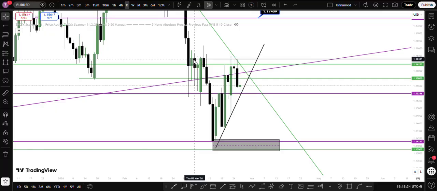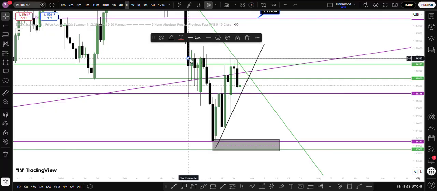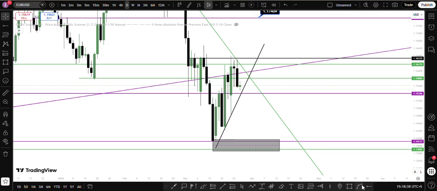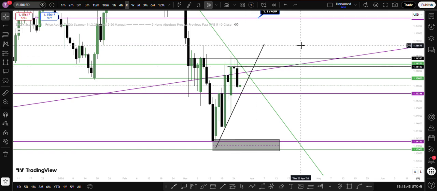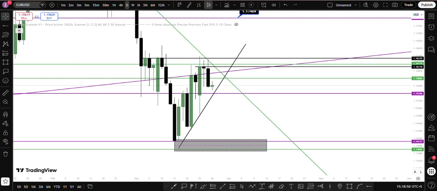We have right there where the price has been unable to pass through, and now immediately there is this here which the price has been unable to pass through. So we have those two lines. Those are support and resistance for daily.